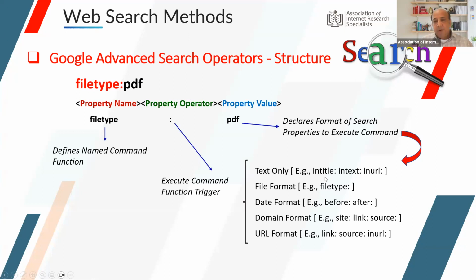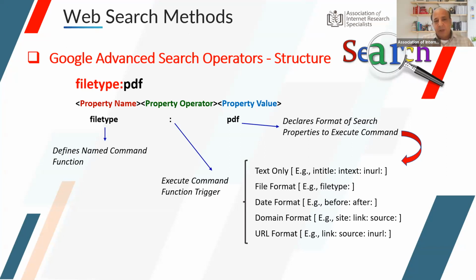So if the property name is, say, in title colon, or in text colon, and in URL colon, whatever you declare after the colon sign has to be textual in nature. As in file type, you must declare the extension type or something that is recognized by file type.